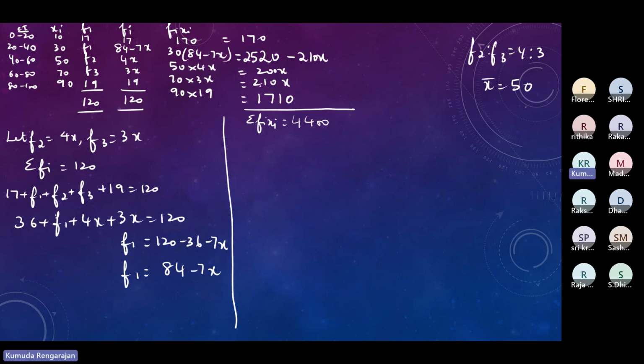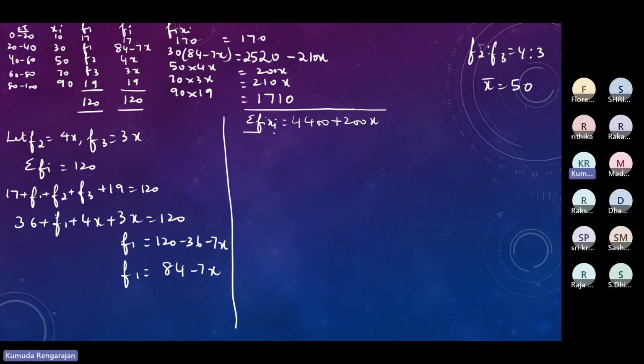Yes, ma'am. And then plus 210x and minus 210x will get cancelled. So it'll be only plus 200x, correct? Yes, ma'am. So they'll cancel out. 170 plus 2520 plus 1710 is 4,400.